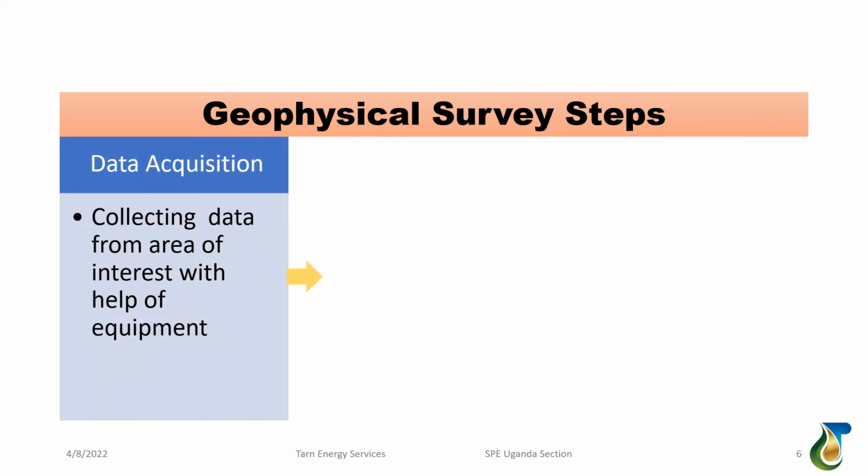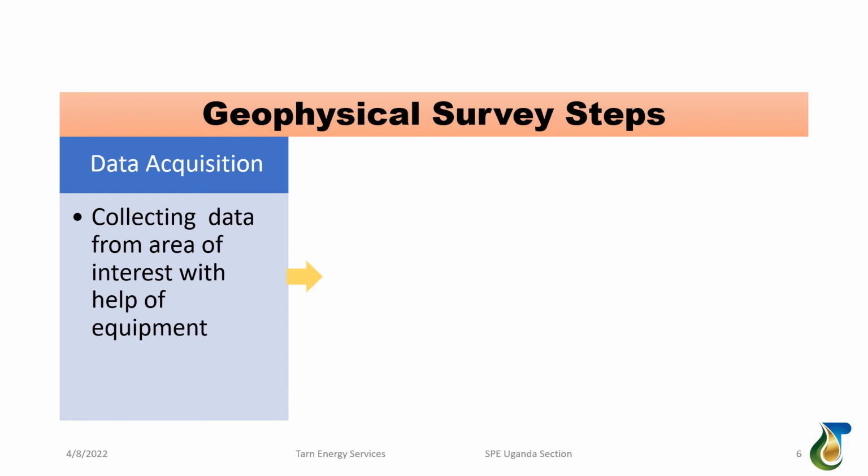When you are carrying out geophysical surveys, we basically have three major steps. One of them is data acquisition, where we go into the field and collect data from the area of interest with the help of geophysical equipment.